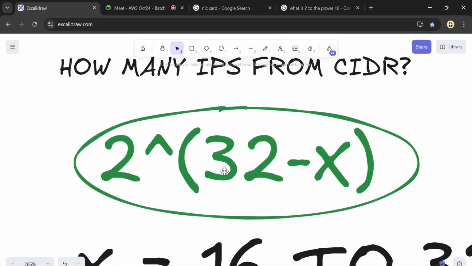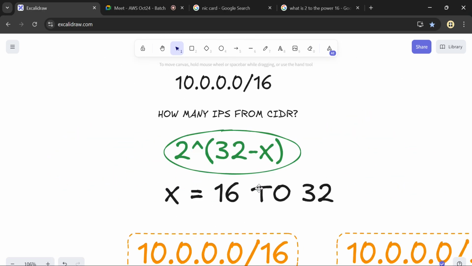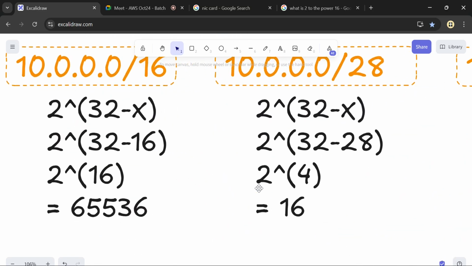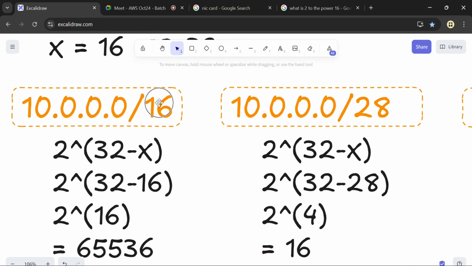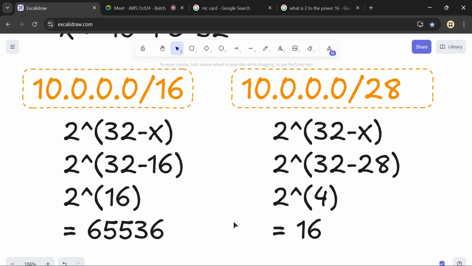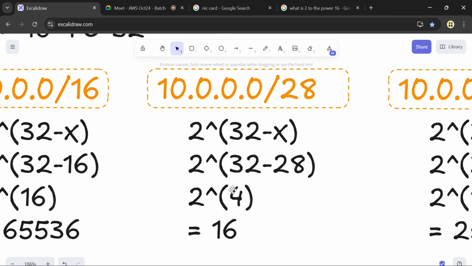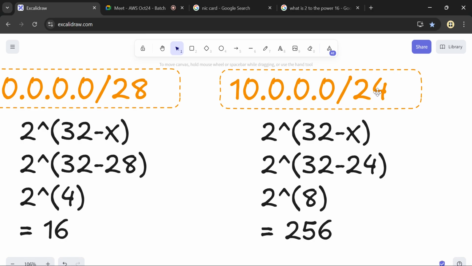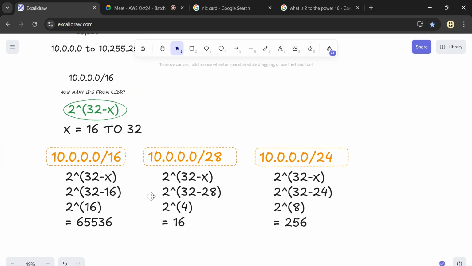The formula is 2 to the power 32 minus x, and that is how you can calculate the number of IPs. So anything with slash 16 will have 65,536 IPs. Anything with slash 28 will have 16 IPs. Anything with slash 24 will have 256 IPs, and so on. So this is how you can calculate it.